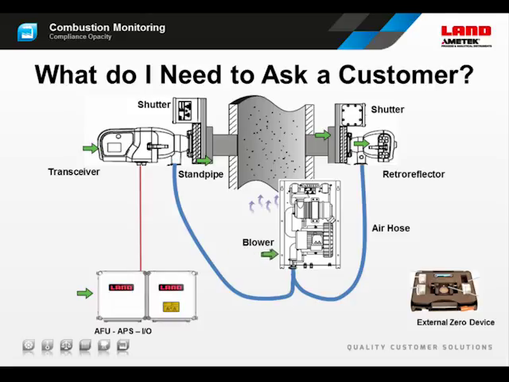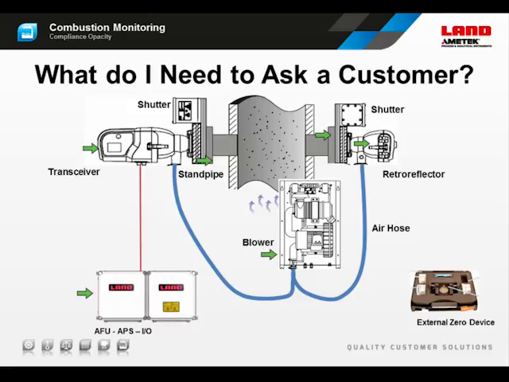Next item that is required is the air purge blower. Stack gases are hot, they're corrosive, and they're dirty. The 4500 Mark III is an optical system, so it's got lenses and delicate optical components, and we have to protect these from these nasty stack gases, and we do that by providing purge air, quite a large volume.